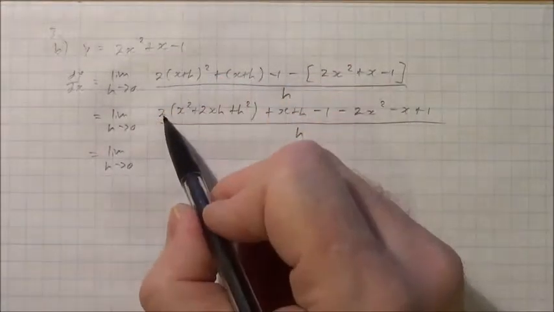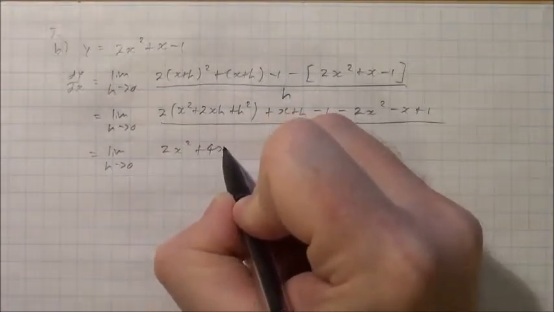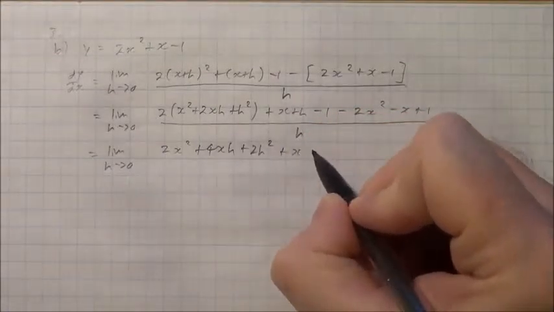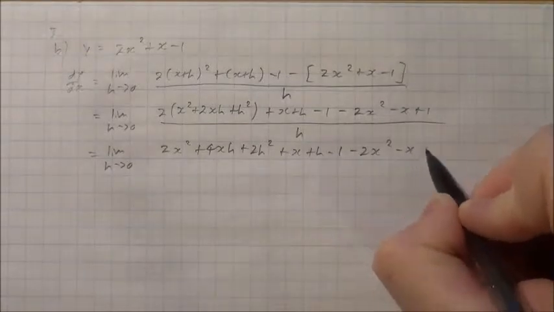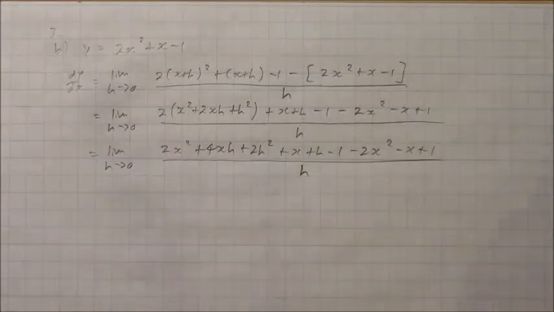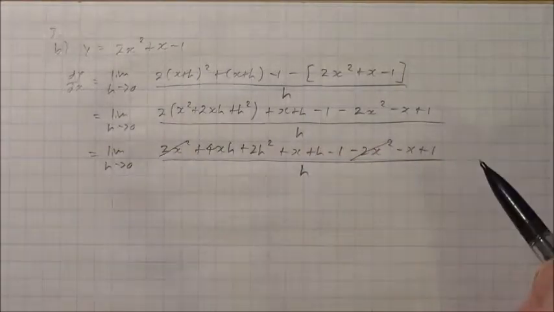Now I'll multiply this 2 in, and just carry everything else forward from the previous line, and then I'll see what I can cancel out here. So I've got negative 2x squared here and a positive 2x squared there.